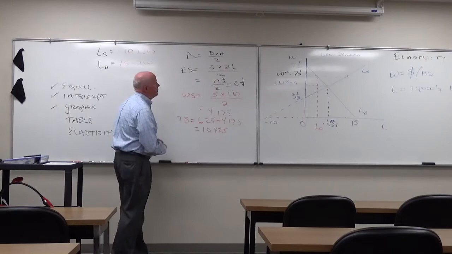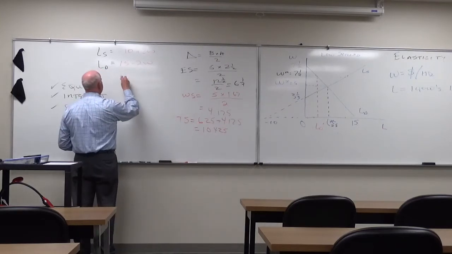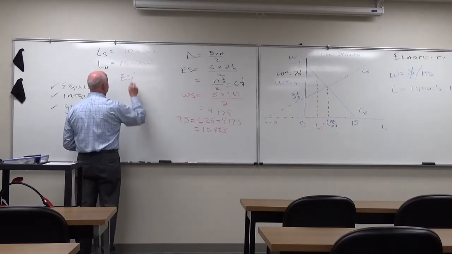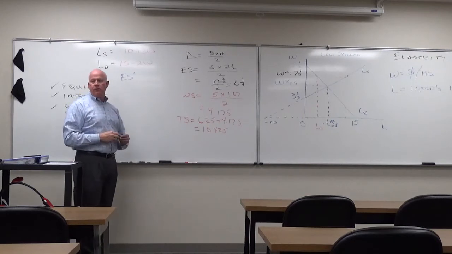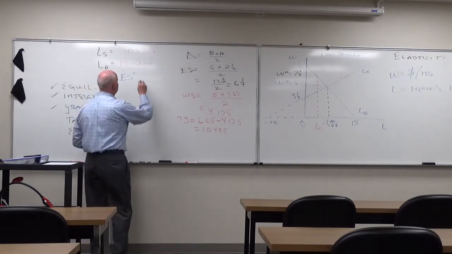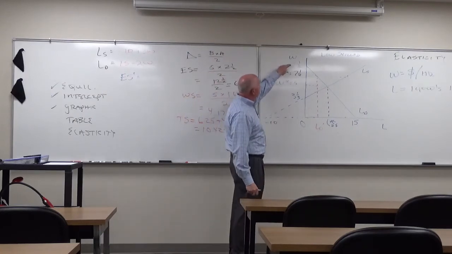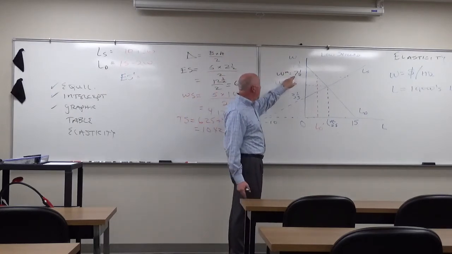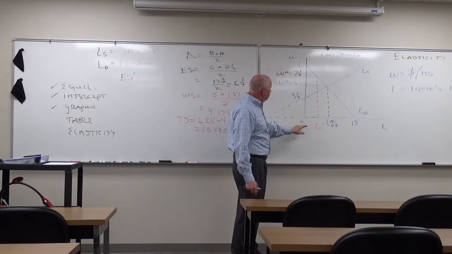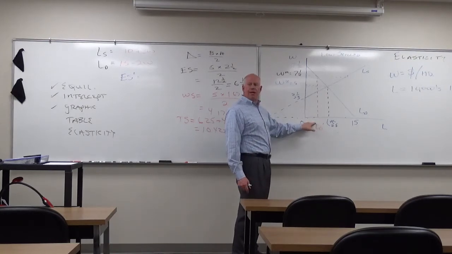We'll start with employer surplus first. And we're going to call this ES prime just to differentiate it from our original employer surplus. And now it's going to be the difference between 7.5 and 7.25, or 0.25, times, I don't know this number yet. How do I find this number?